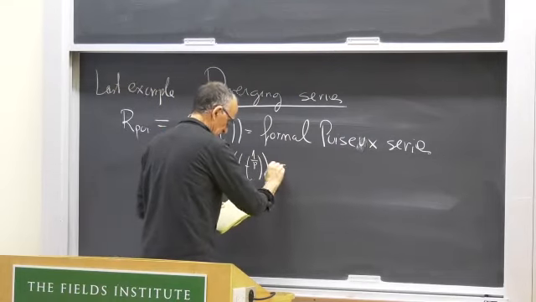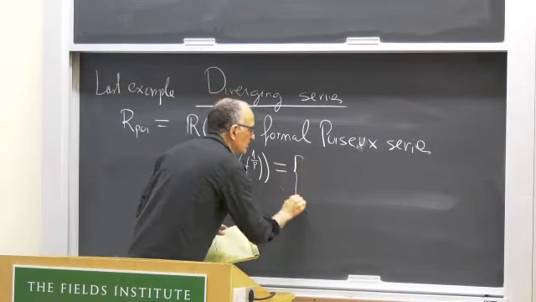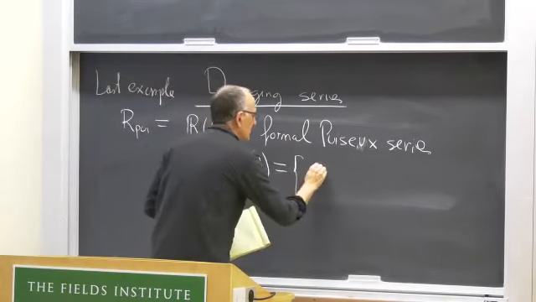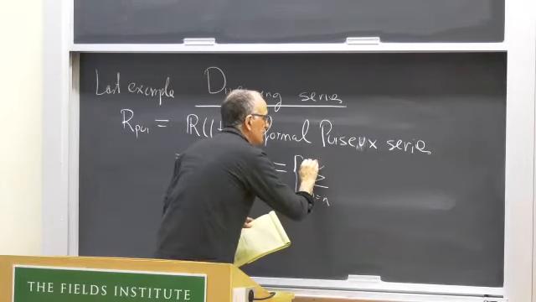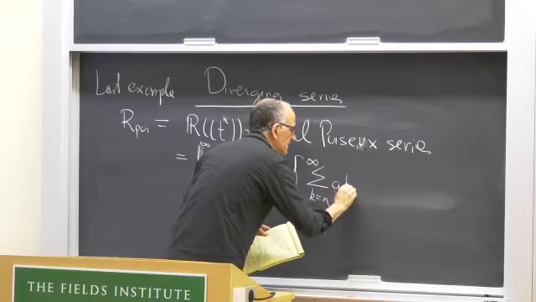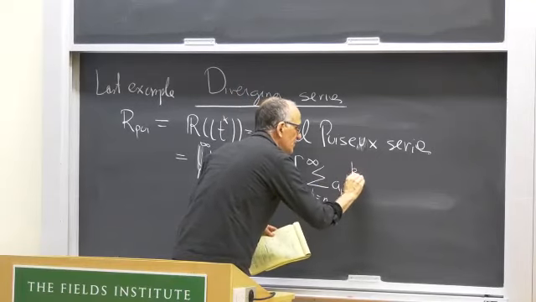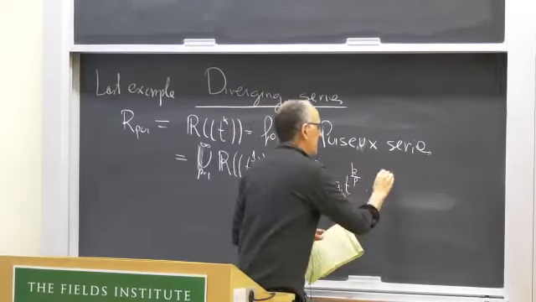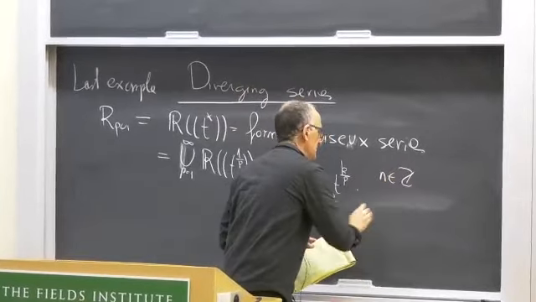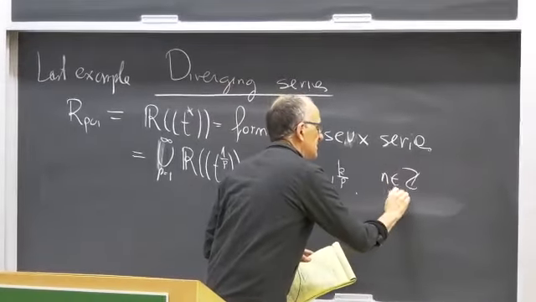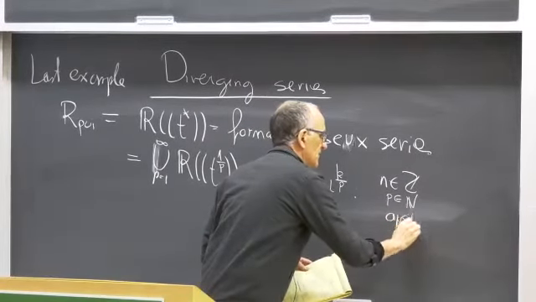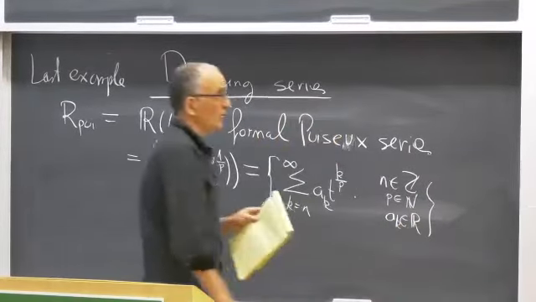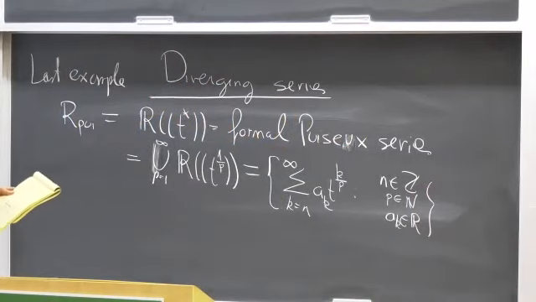Another way of seeing it is all the Laurent series, the sum from k equals n to infinity of a_k t to the k over p, where n is in Z, p is in N, and a_k in R. Not only converging ones.